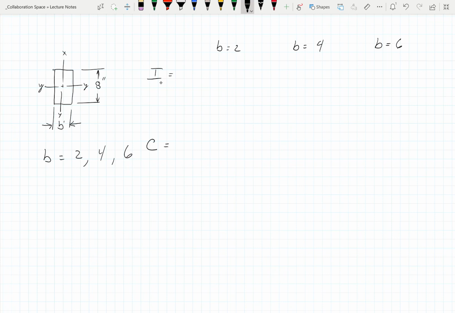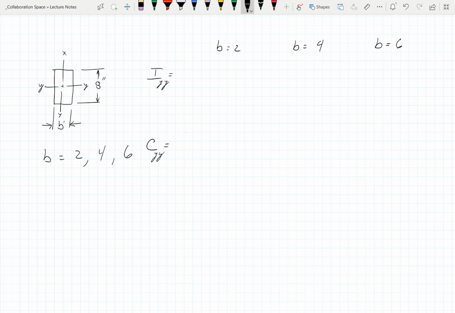And we're going to look for I in the YY, and C in the YY. So going up and down. So C is going to be pretty constant. Let's do C first, right? C is going to be H divided by 2.